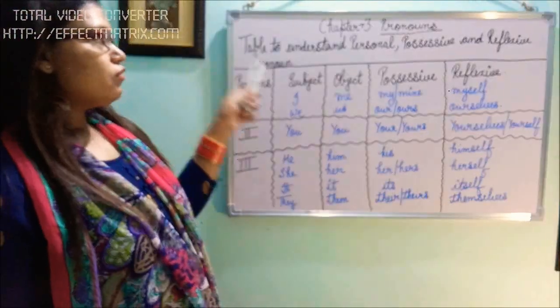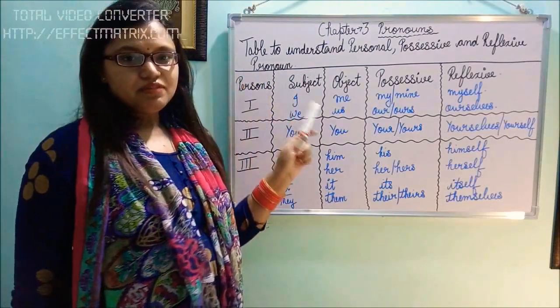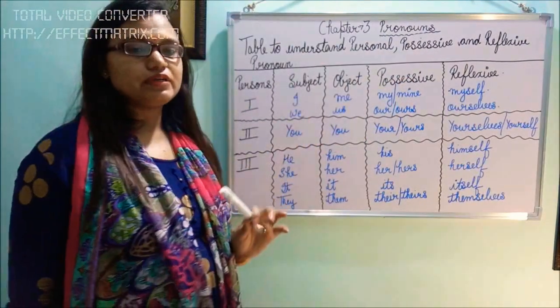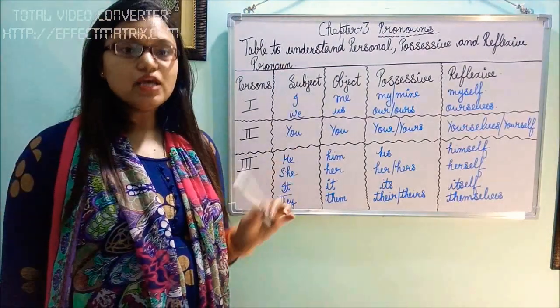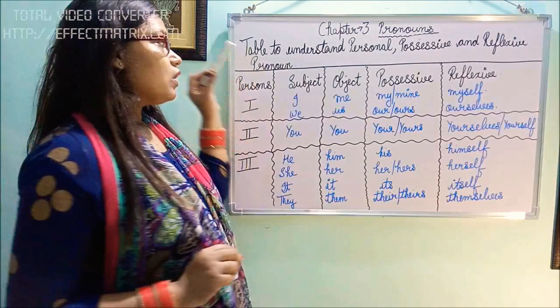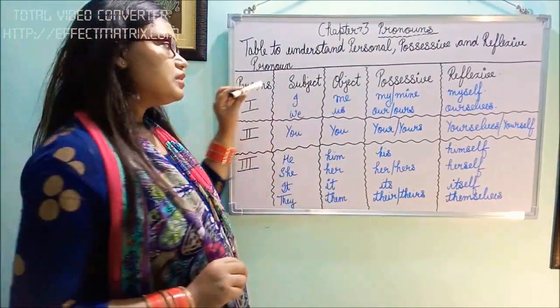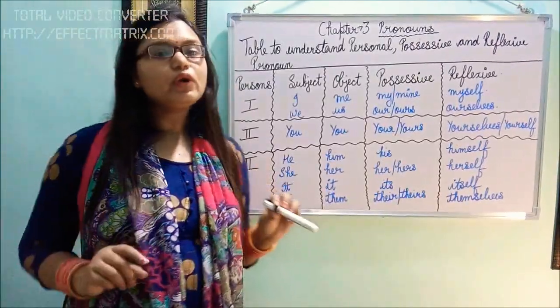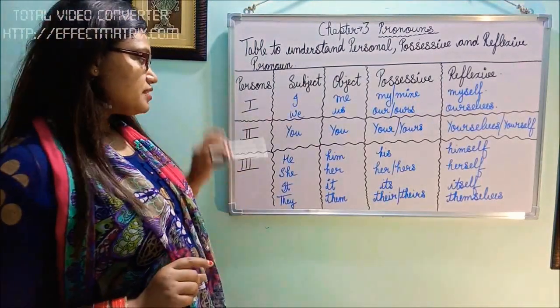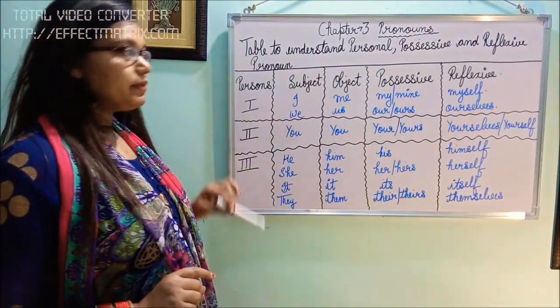So students, now we will discuss a table which will help you to understand personal, possessive and reflexive pronouns very clearly. Understand? Up to now, whatever we have discussed all comes under the personal pronouns. I've told you already, there are 3 kinds of persons: first person, second person and third person.